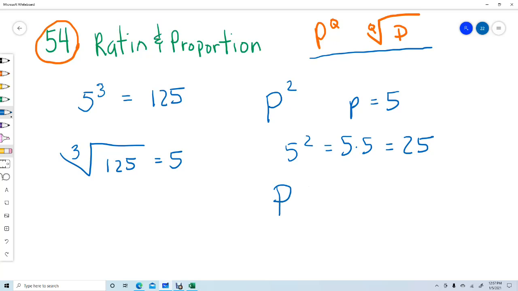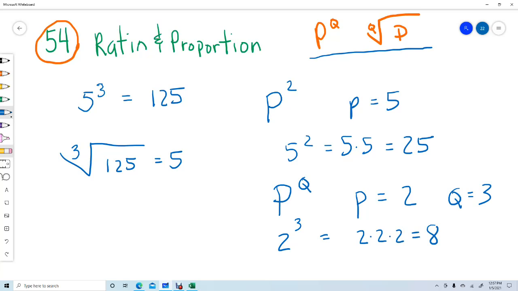They'll say p to the q, where p equals 2 and q equals 3. All you do is put 2 in where p is and put 3 in where q is. Now you have the problem 2 to the 3rd power. It's not 2 times 3, it's 2 times 2 times 2. That's 8. Some of you are still getting this wrong. 2 to the 3rd power is 2 times 2 times 2.